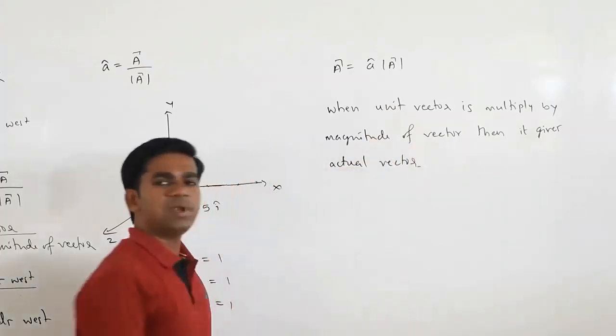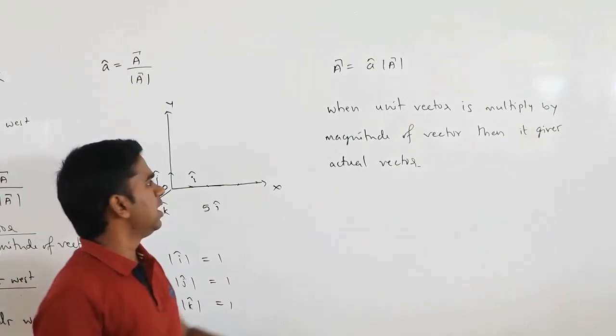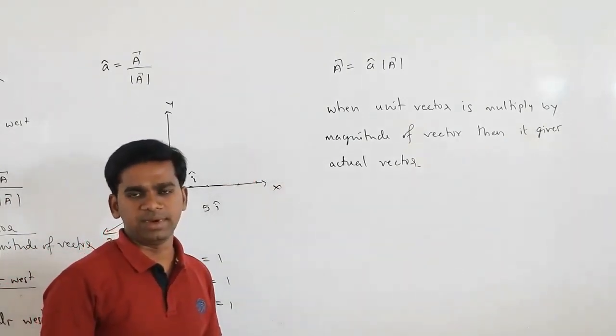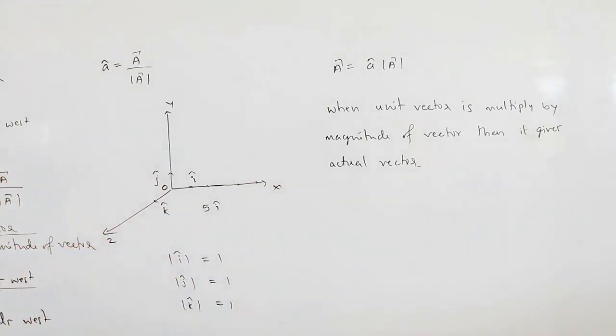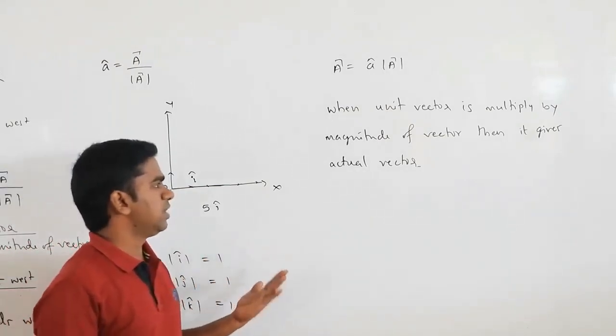Okay, so if the actual vector is divided by the magnitude, again what will you get? You will get the unit vector. Unit vectors are very important to show the directions and to tell something about the vector.